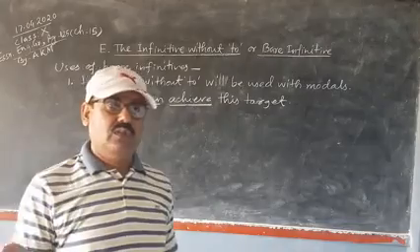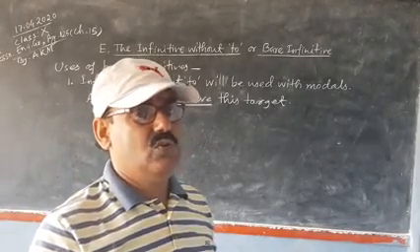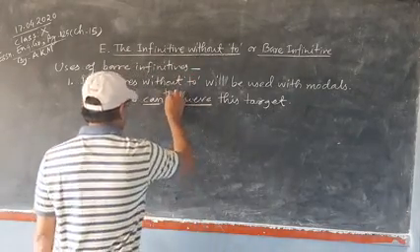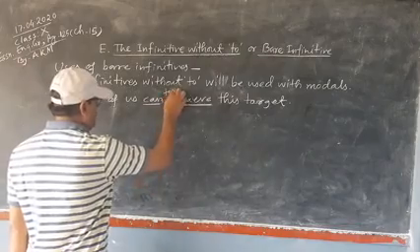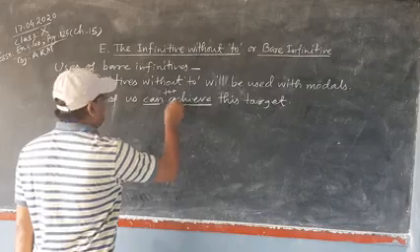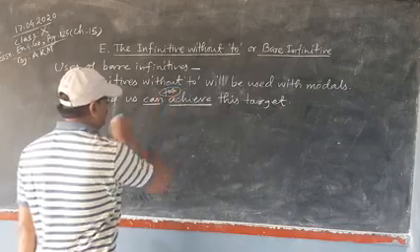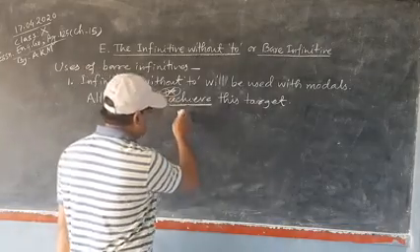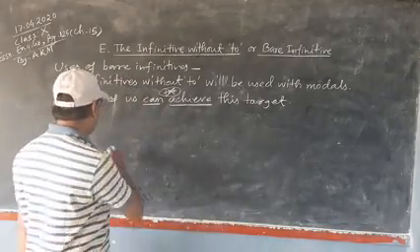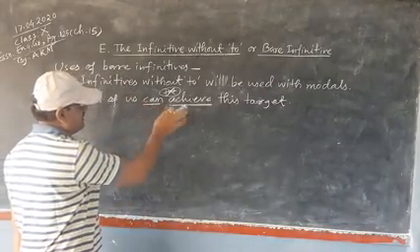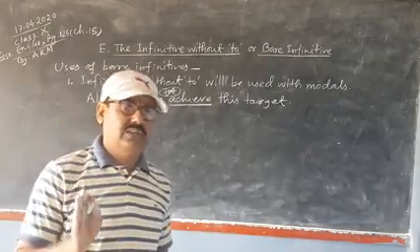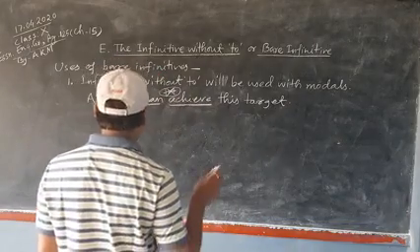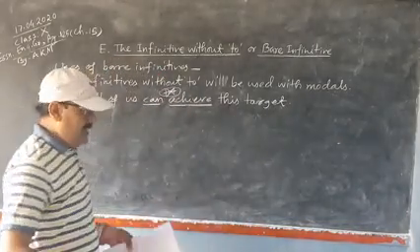After modals, we should use bare infinitive. We must not use to before it. If you put to here, it will be wrong. So we must not use to with it. All of us can to achieve will be incorrect. So all of us can achieve this target will be the correct form, because can is a modal. After modals, we will use bare infinitive.